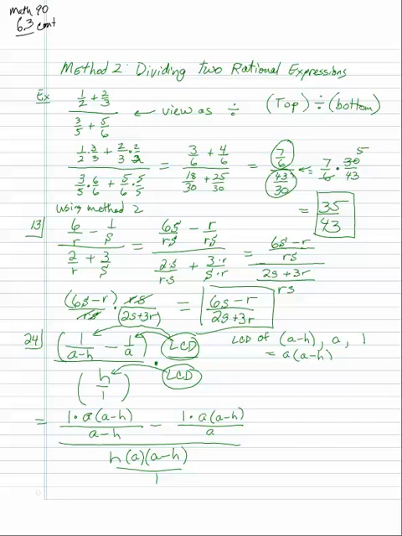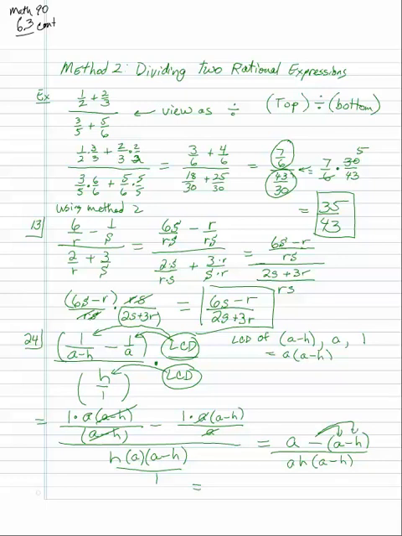Alright, and so now when I simplify, I do the canceling first and then write what's left over. Here the a's cancel, so I'm left with a minus h over ah, a minus h, just rearranging it in alphabetical order. Now here I've got to distribute this minus sign and simplify.